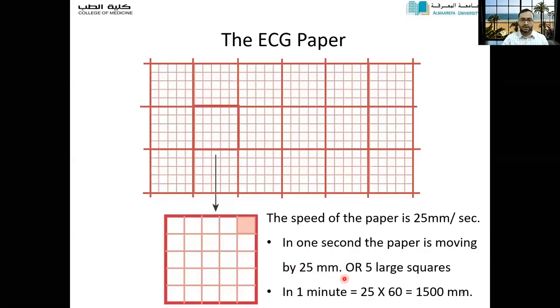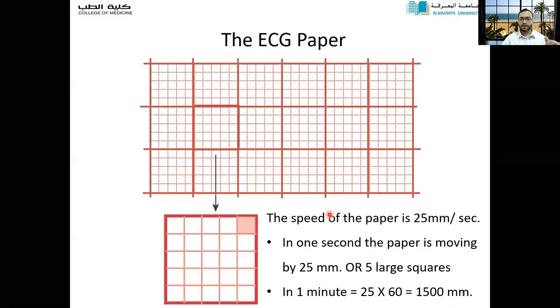We know 1 second is 25 millimeters, so 1 minute, that is 60 seconds, equals 25 multiplied by 60, that is 1500 millimeters, or 1500 small squares. Once you know the small squares, you can say 1500 small squares equals 300 large squares. So 1 minute on ECG paper is either 1500 small squares or 300 large squares.